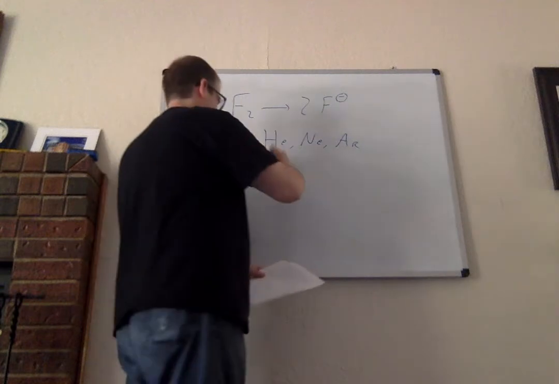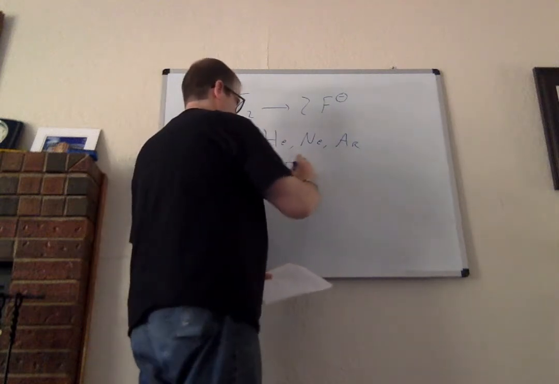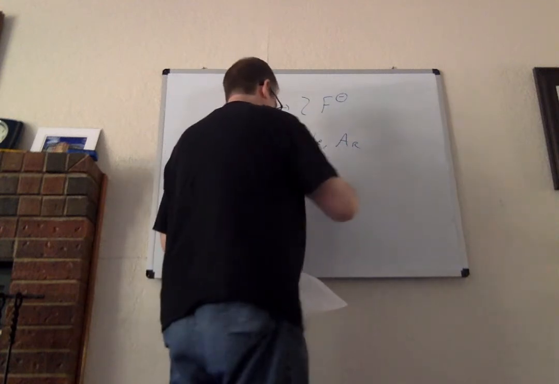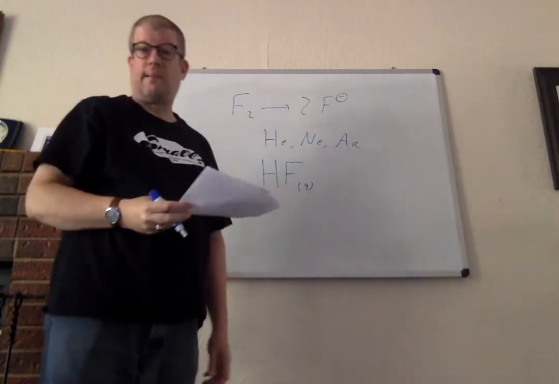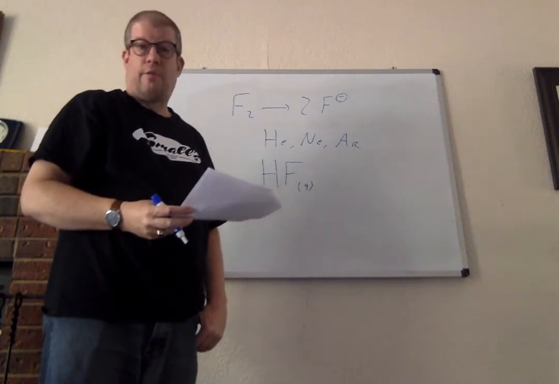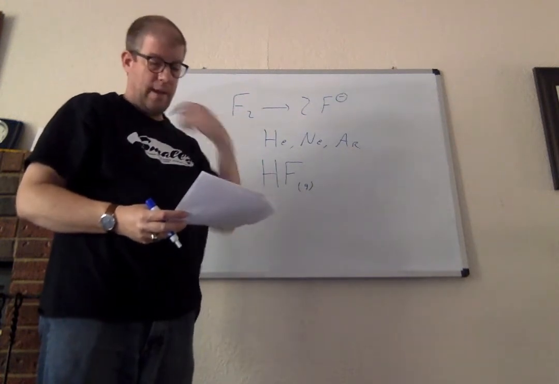This is one. Now if I write it like this, with a subscript g, it's a gas. That's then called hydrogen fluoride. It's not hydrofluoric acid unless you put it in water, and more on that in a second.